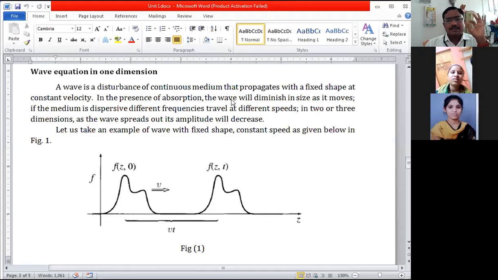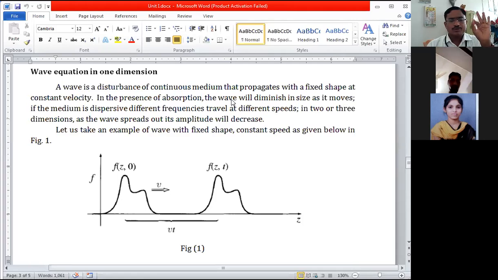Now curl B is equal to mu 0 J plus dou D by dou t, or curl B is equal to mu 0 J plus mu 0 epsilon 0 dou E by dou t. Now these are the four Maxwell's equations in the microscopic form. That is, divergence E is equal to rho divided by epsilon 0. Divergence B is equal to 0. Curl E is equal to minus dou B by dou t.